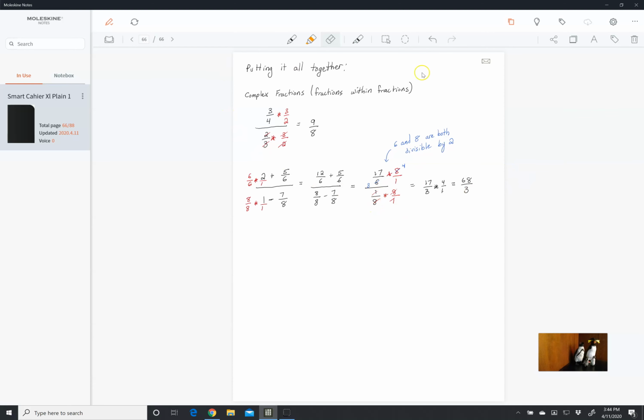Okay, so let's just review what we did here. I will put this in blue. So the first thing that we did is we found a common denominator for the numerator.